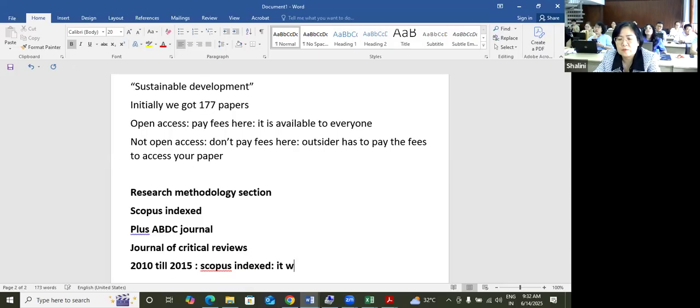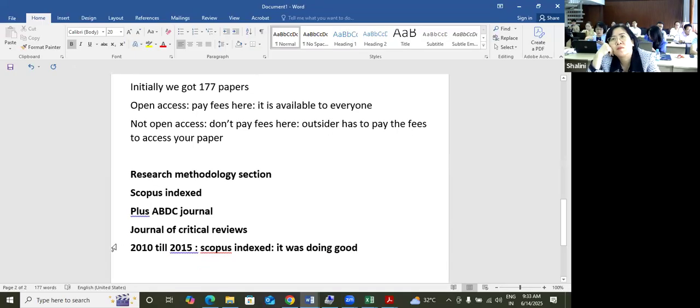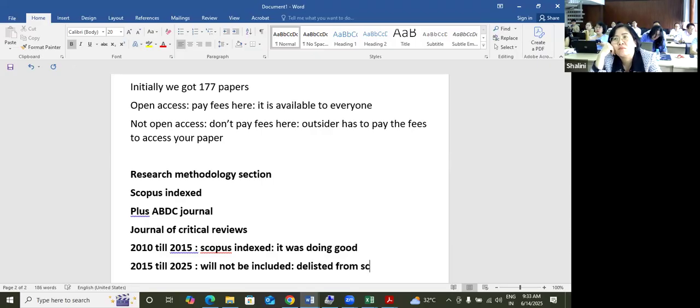So the papers from this time period will definitely be included, because they became a part of the Scopus database. But the papers after 2015 till 2025 will not be included, because it got delisted from the Scopus database. Did I answer your question, participant from online?